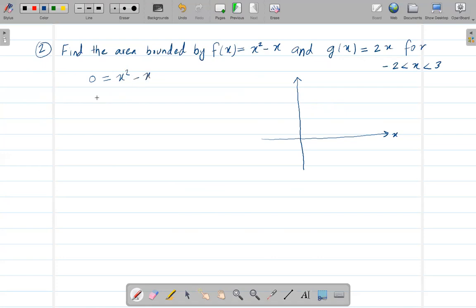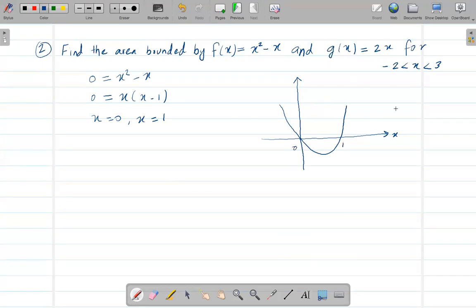So from here, I can factor out x: x times x minus 1. So either x is equal to 0 or x is equal to positive 1. So the graph will be something like this, concave up, and the x-intercept points will be 0 and 1.